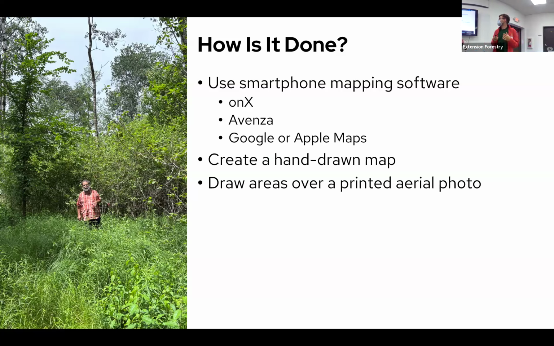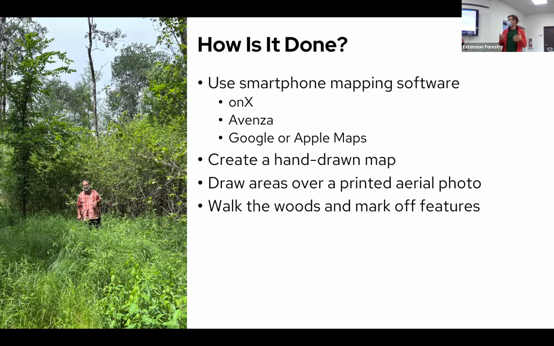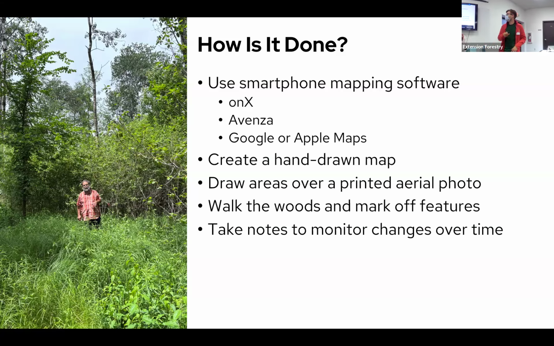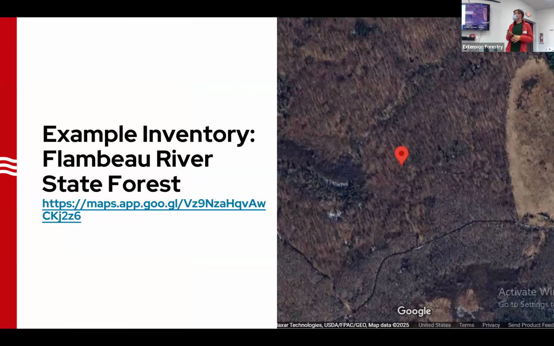We can print out an aerial photo and draw those populations of invasive plants, marking off features as we walk through the woods, and taking notes to monitor changes over time. Performing these inventories in an annual cycle is a really good habit for us to get in.